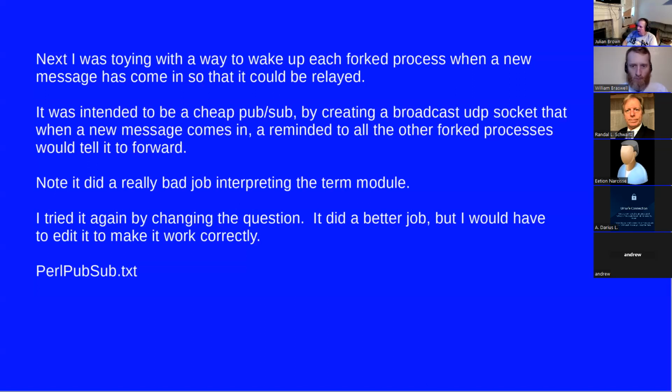So this cheap pub sub idea that someone had is basically using a broadcast UDP socket where you, as the publisher, would write to this socket, in this case a UDP socket, and it would then broadcast it out to all the clients.